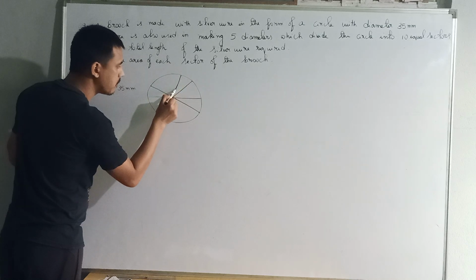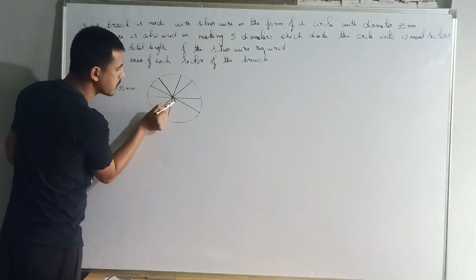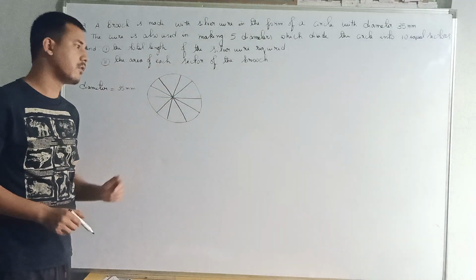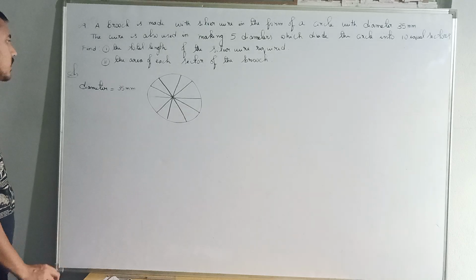This is your first diameter, this is your second diameter, this is your third diameter, this is your fourth diameter, and this is going to be your fifth diameter. So 5 diameters of this brooch have also been made with the help of your silver wire.